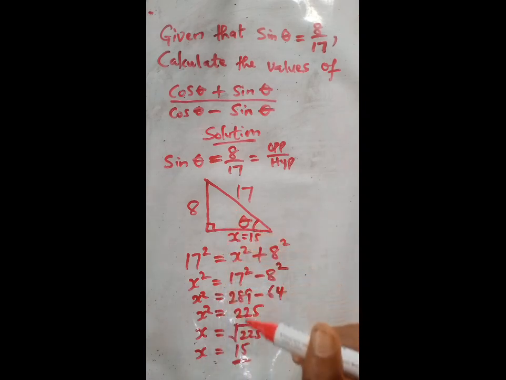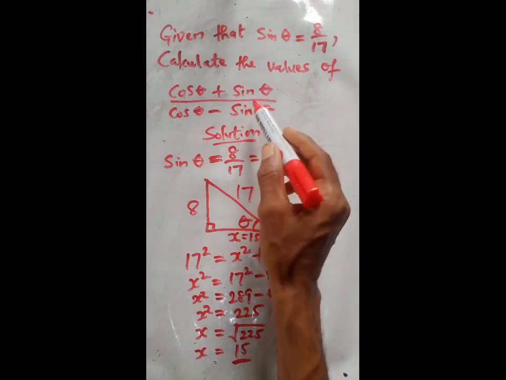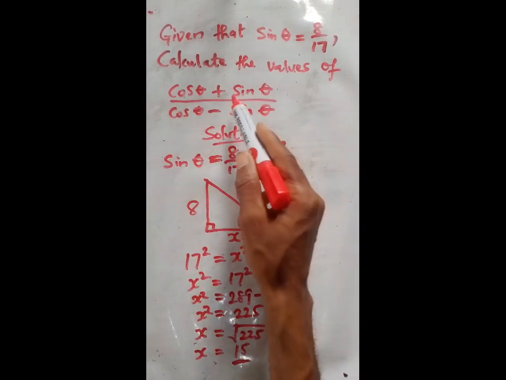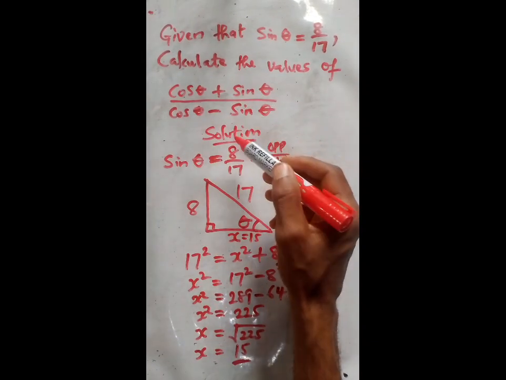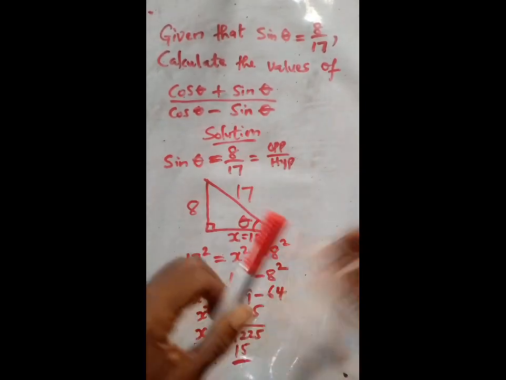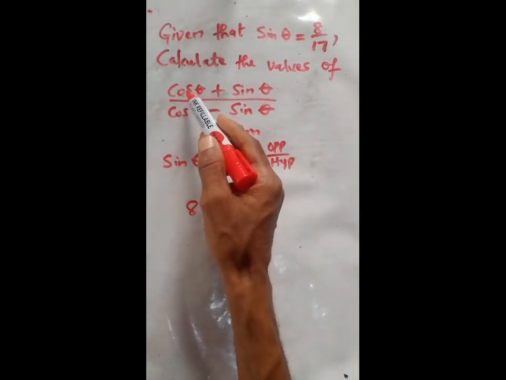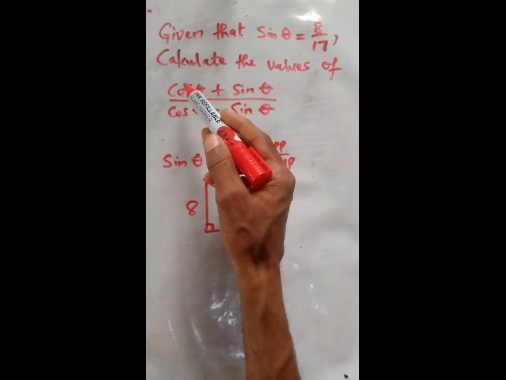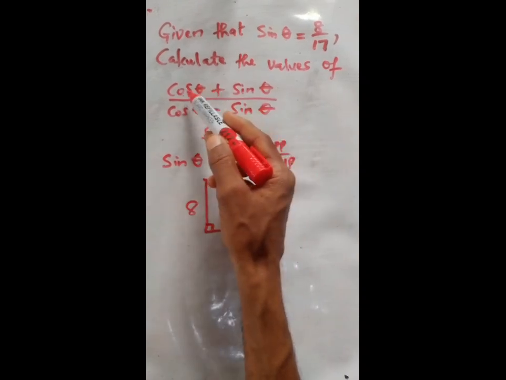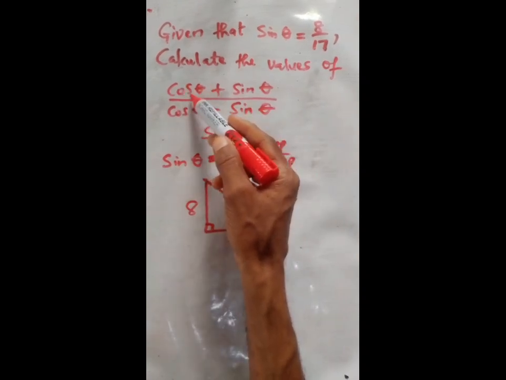So our x is 15. Now, having known the three sides of the right angle triangle, we can now put the value of each of the cosine and sine in the equation.